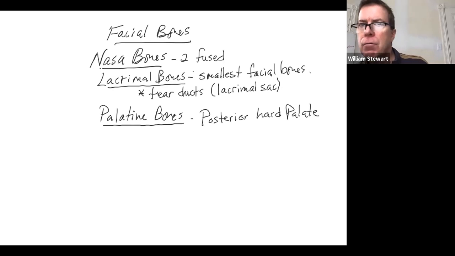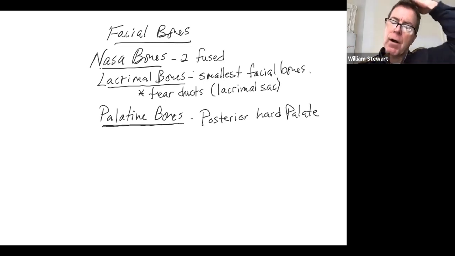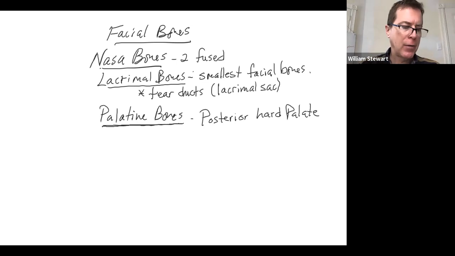So if you run your tongue on the roof of your mouth, up toward your teeth is the anterior hard palate. If you move your tongue way to the back of the roof of your mouth, you can feel where it just starts to be soft tissue. That hard tissue right before it becomes soft tissue, that's where the palatine bone is located. So it's the posterior hard palate, the back of the roof of your mouth.